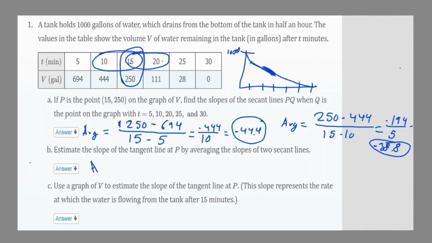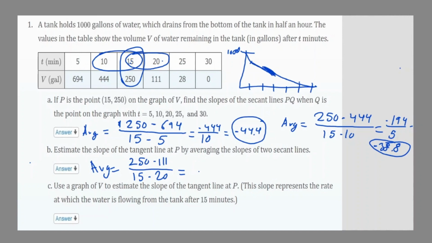So if we do the average equation again, we'll do 250 minus 111, and then down here we'll do 15 minus 20.